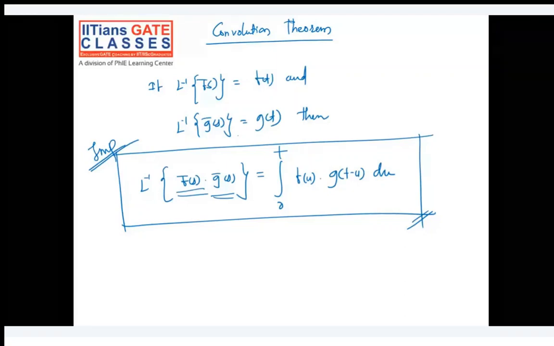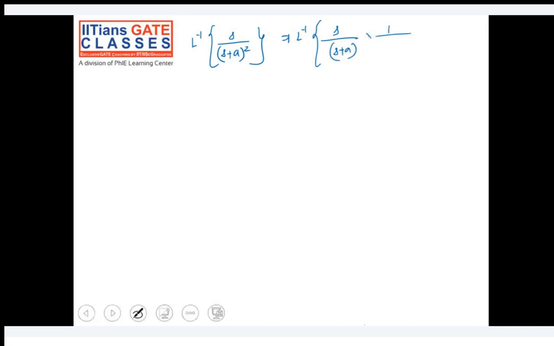So for example, if I give you find inverse Laplace of s divided by s minus a whole square, so someone will say I can write that like this: s divided by s plus a into 1 divided by s plus a.